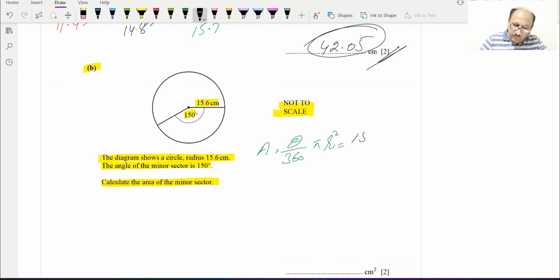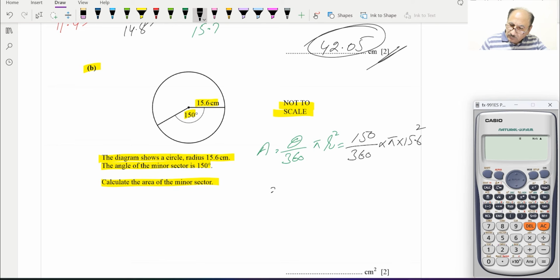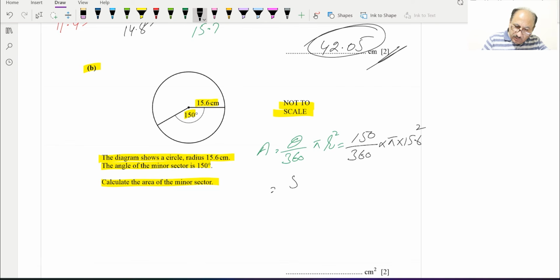Replace the values: 150 over 360 into pi, and r squared will be 15.6 squared, and this will be equal to 150 over 360 into pi, into 15.6 squared.